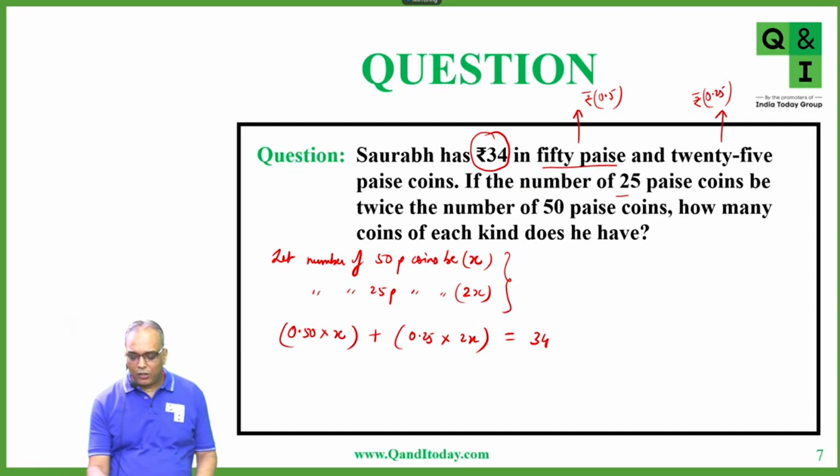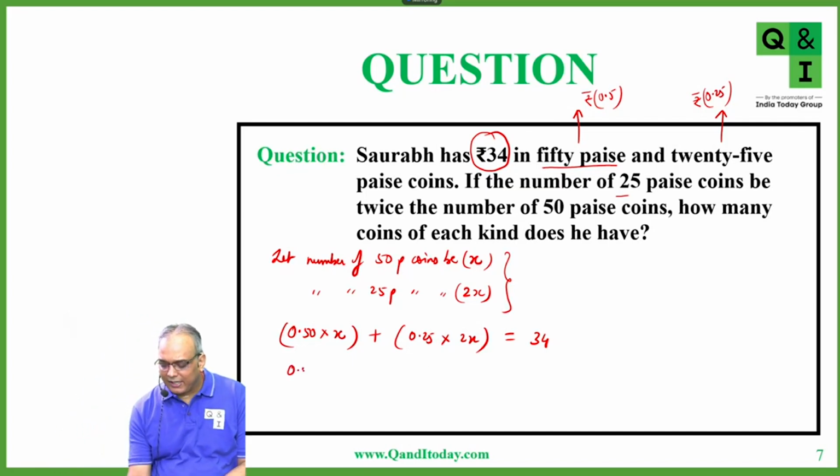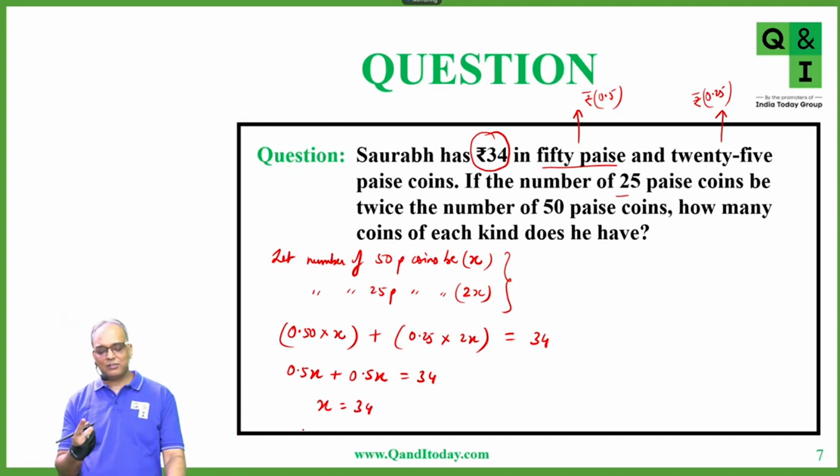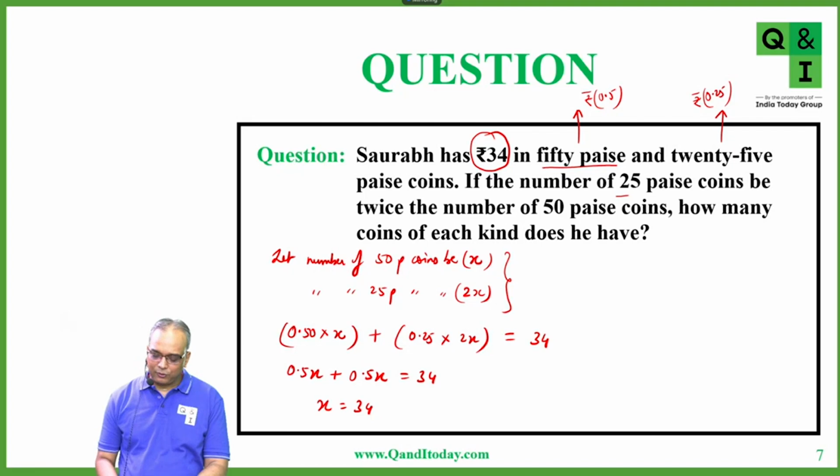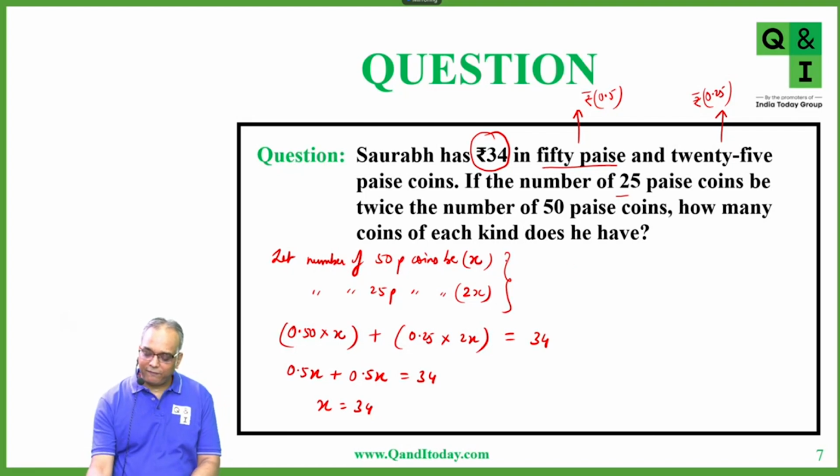Okay. Now we'll solve this. We have 0.5x plus 0.25 into 2, which is again 0.5x, equals 34. So 0.5 plus 0.5 is 1x. x is 34. So the number of coins of 50 paise is 34.